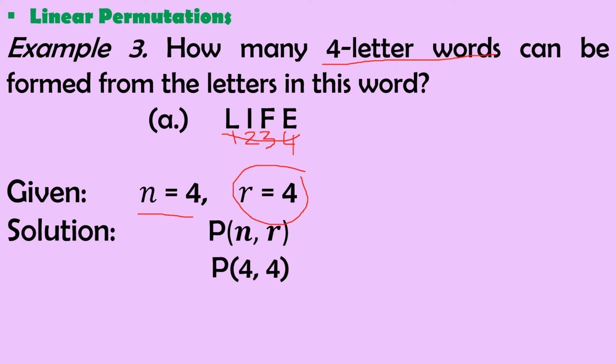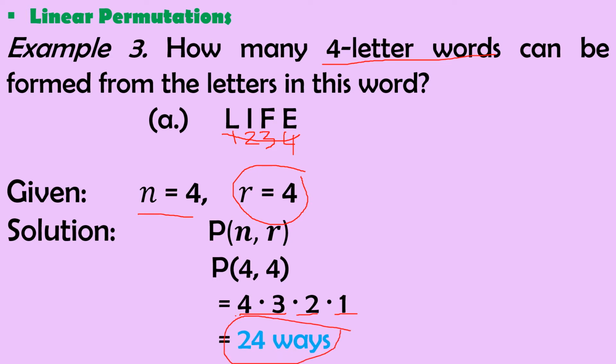Okay, so let us see if you get the correct answer. So, permutation of 4 and 4, so we have here 4 times 3 times 2 times 1. So 4 times 3 is 12, times 2 is 24, multiplied by 1 is 24. Correct! The final answer is 24 ways. Good job!